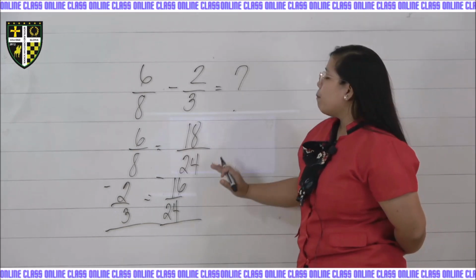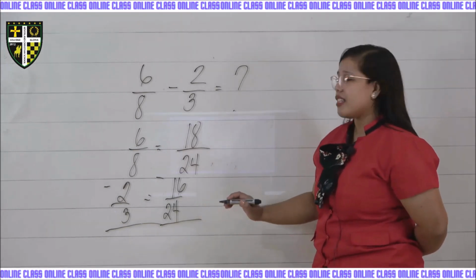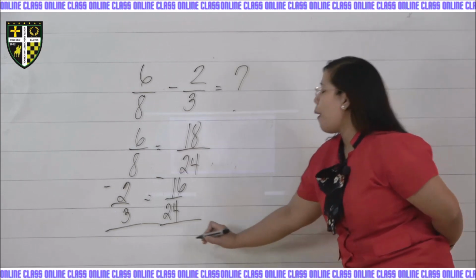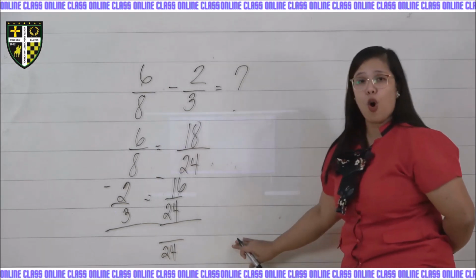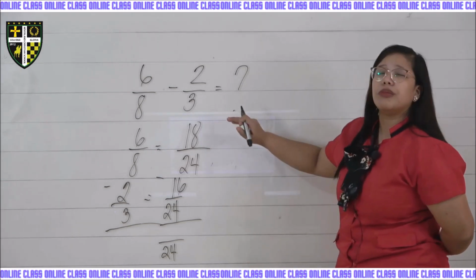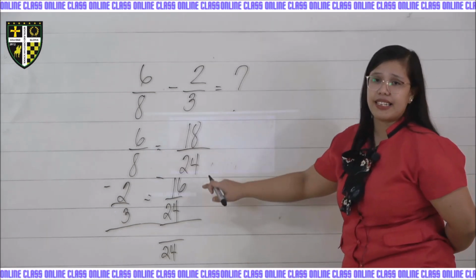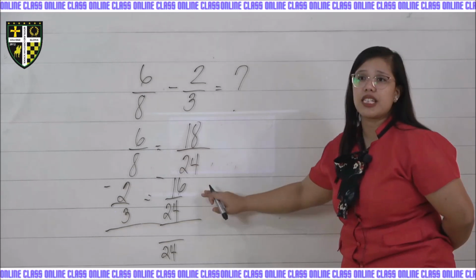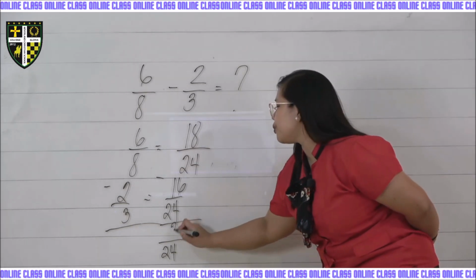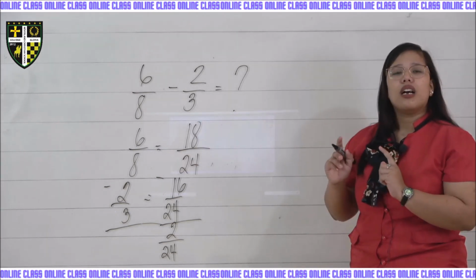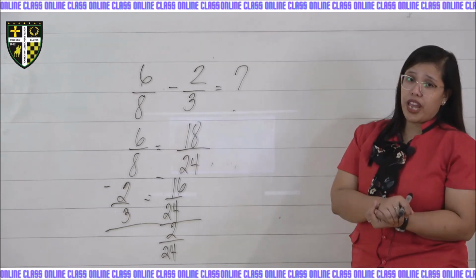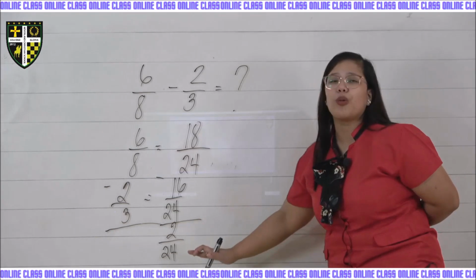So first we write their denominator, which is 24. Now we will subtract 18 and 16. So 18 minus 16 will be 2. Always remember, kids, if your answer can be reduced to lowest terms, do it. So 2 over 24.